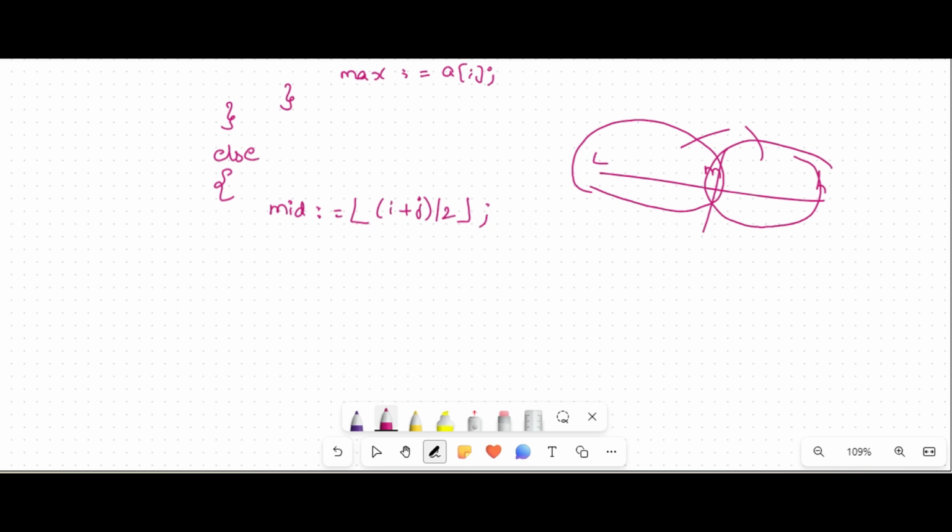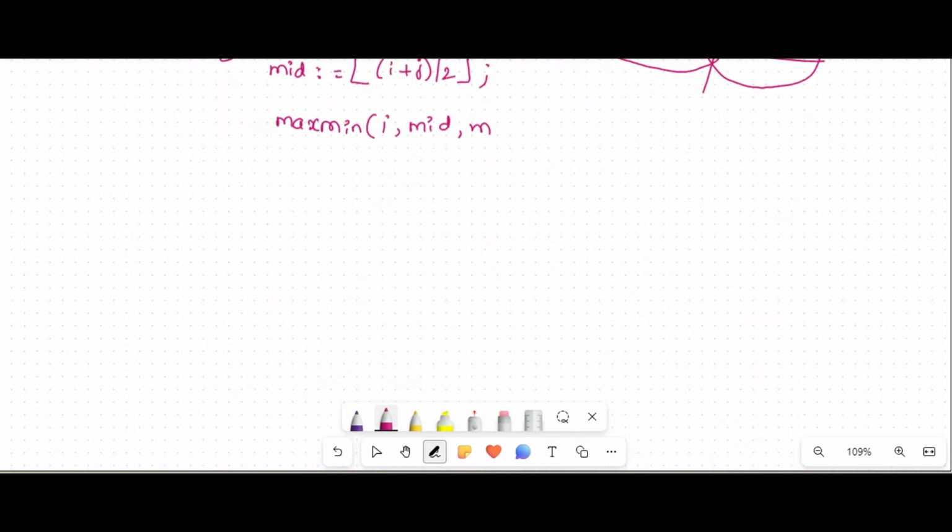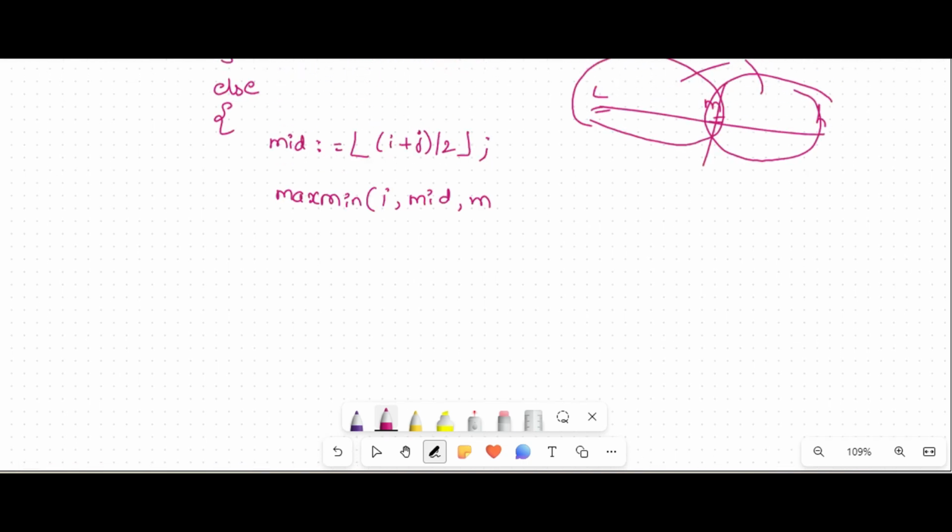Okay, now how to write? So the recursive call we are writing like MaxMin of the left sub-array, low position to mid. Low position here is nothing but i to mid position. What is the order here we have given in the algorithm? Min to max only: min comma max. This is for the left sub-array.